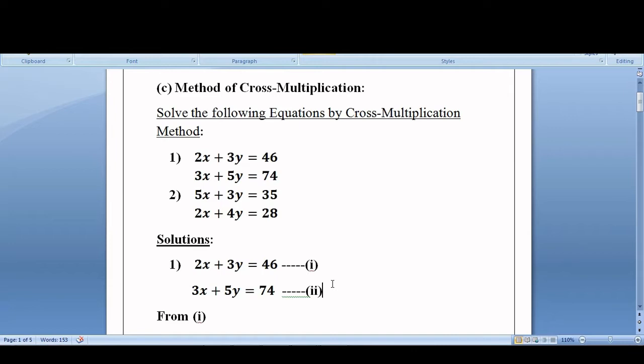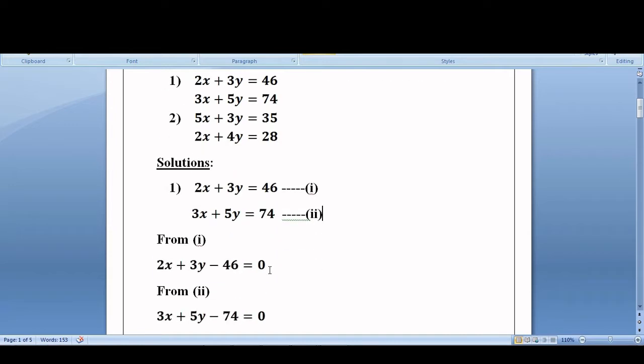Now in the method of cross multiplication, you have to simply shift all the terms to the left hand side like this, and the RHS of equation 1 and equation 2 will always be 0. You have to shift the constant terms or any other terms to the left hand side. No term will be on the right hand side.